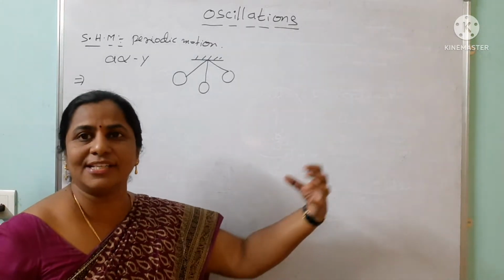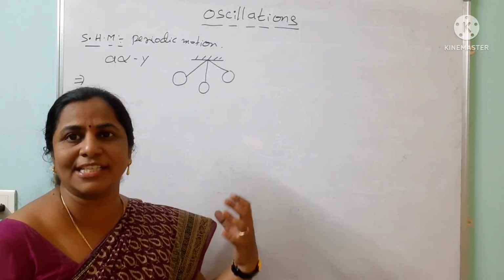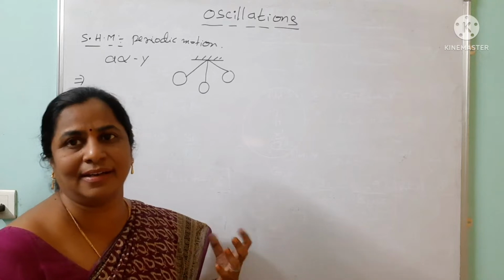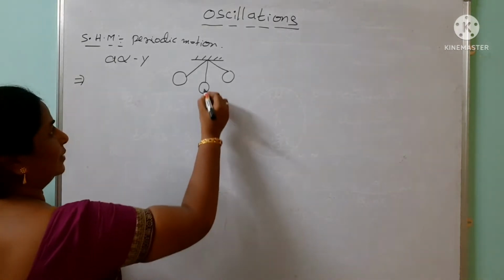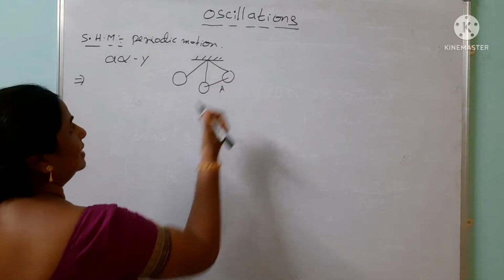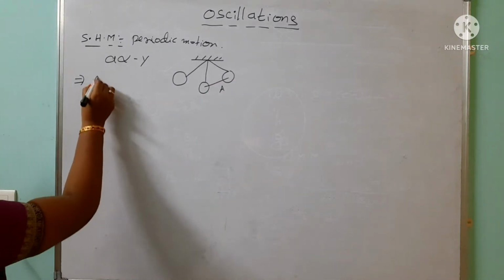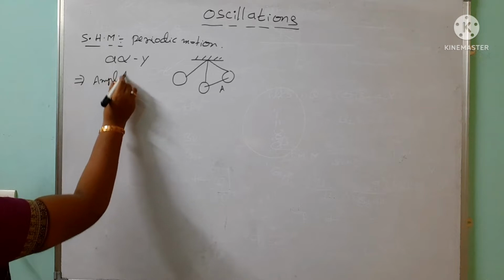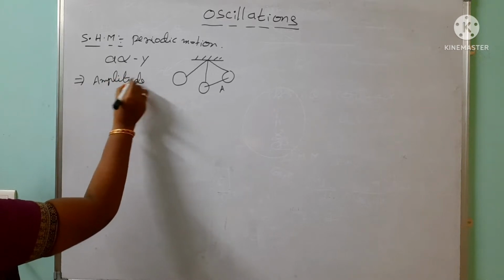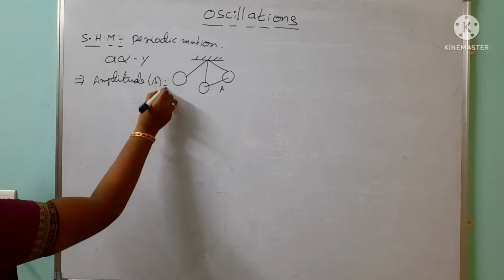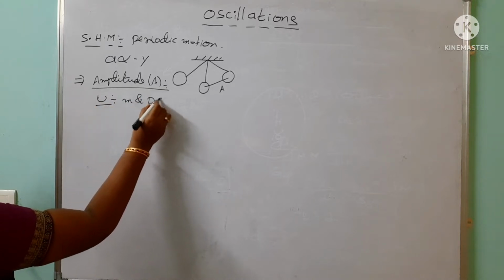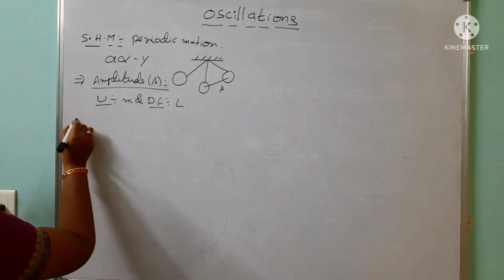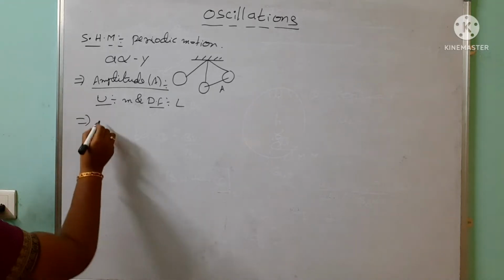So initially it travels the maximum distance, and that maximum distance of the oscillating particle is called the amplitude. We measure amplitude in meters. Amplitude unit is meters, and the dimensional formula is L.